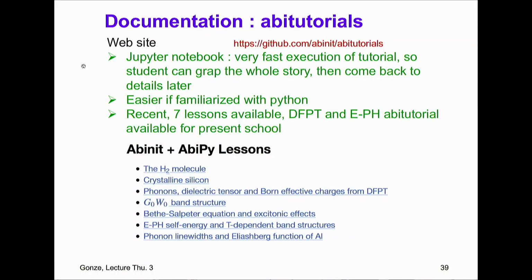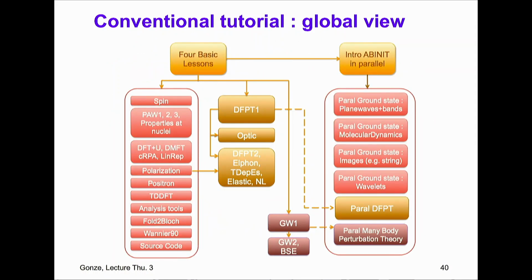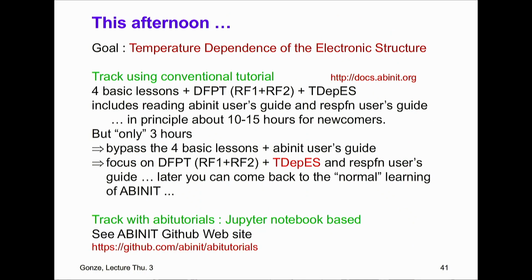Yes, it's working. So this I have already shown. Then, of course, the goal is temperature dependence of the electronic structure. But we have to do something because it's not possible to follow the really needed tutorial.